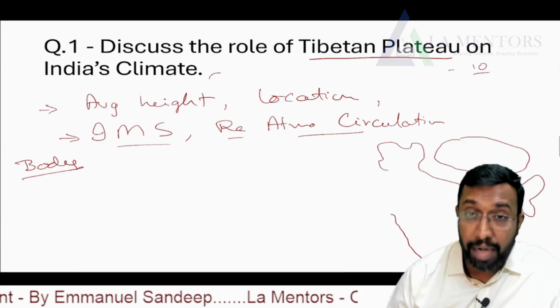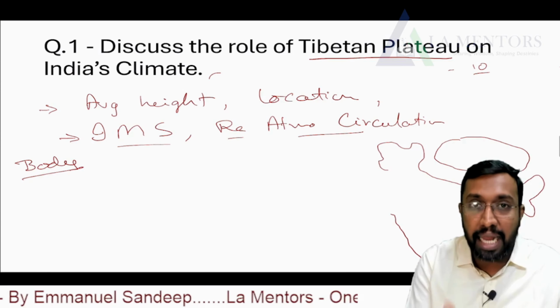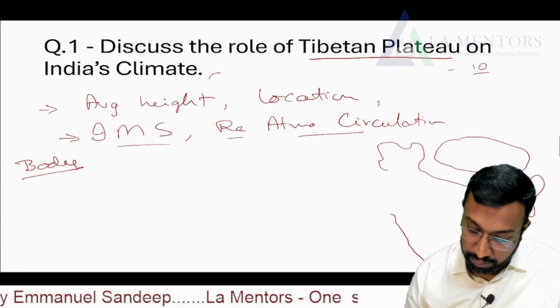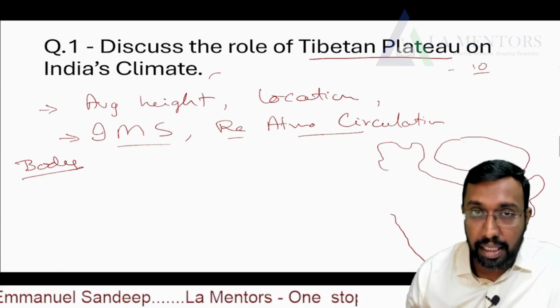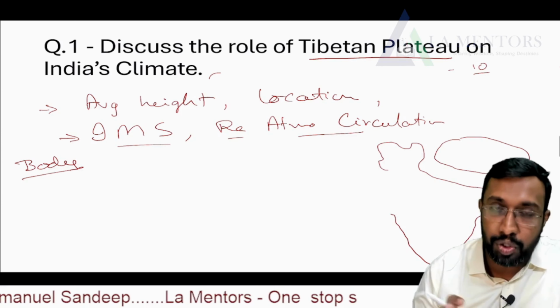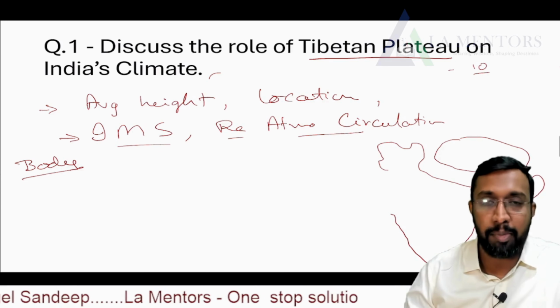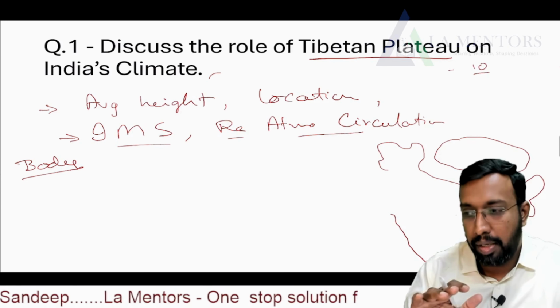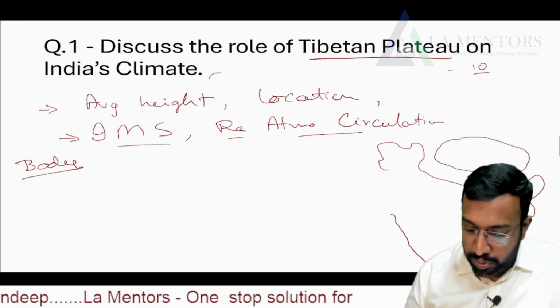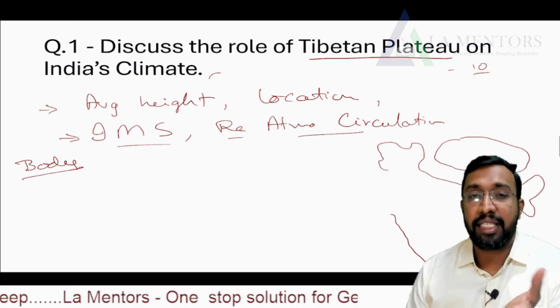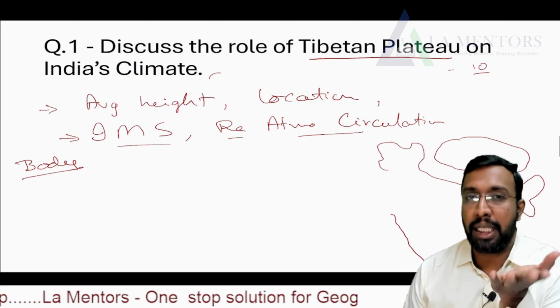And this Tibetan Plateau, as we have informed in our intro, is a highly elevated region. It receives a good amount of snow during winters, and it is completely dry, where the amount of vegetation is very minimal. So most of the Earth's surface is very much barren and is exposed to the sun's insolation.